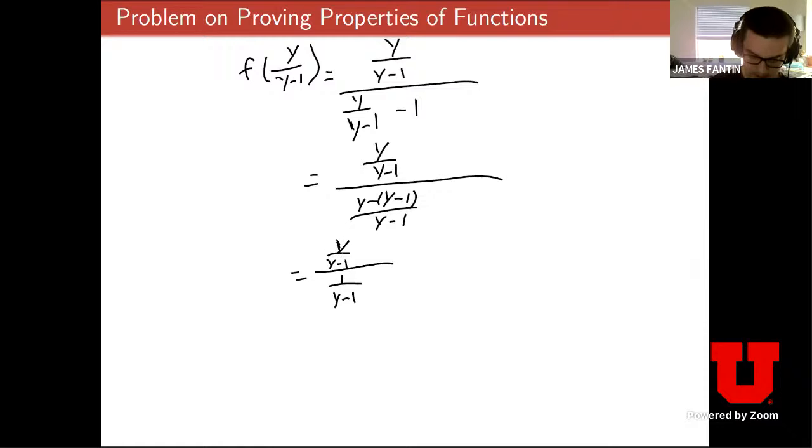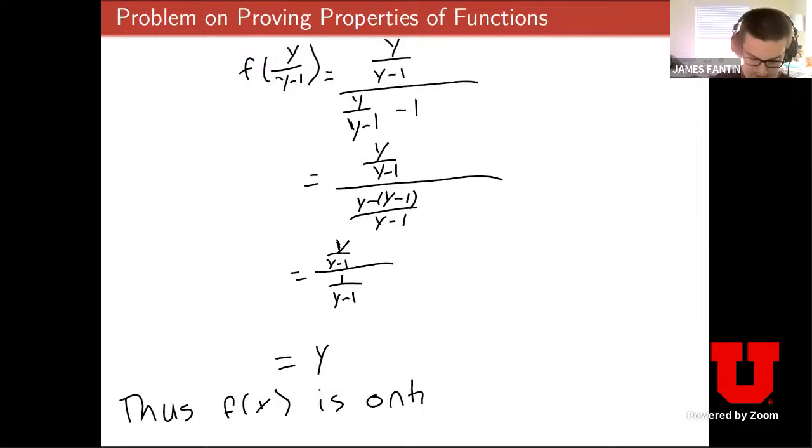Multiply top and bottom by y over y minus 1, and that'll just be equal to y. So thus, f of x is onto. We found an element x from the domain that maps onto this generic element y we found in the codomain. So it's an onto function.